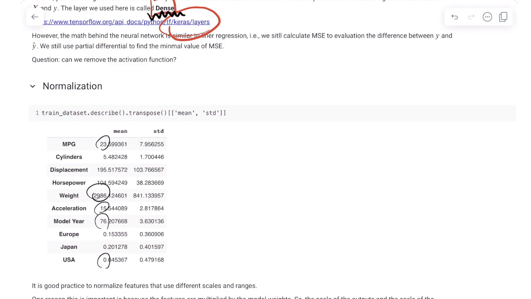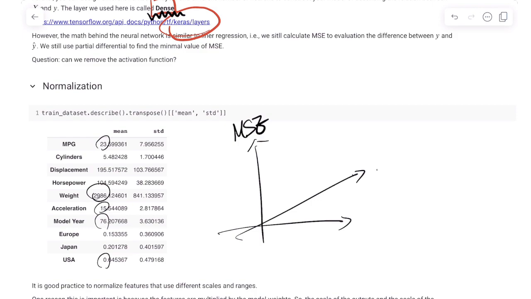When you perform gradient descent, you will get a shape like this one, that is a basin.